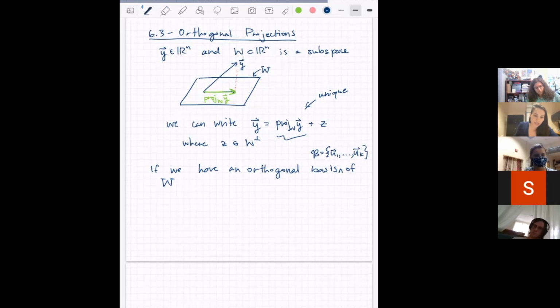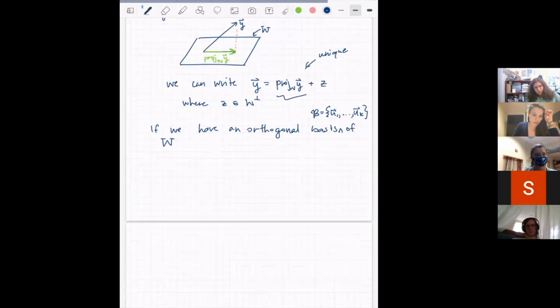If we have this, then we have a nice formula. And so this is based on the formula that we had earlier.